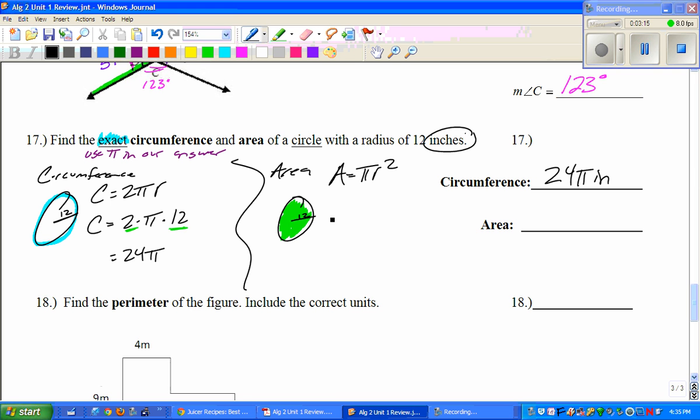Now for area, equals pi times radius squared. 12 squared is 12 times 12, which is 144 pi. So 144 pi, and our units are inches squared.